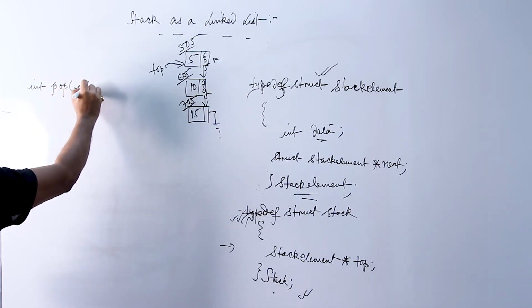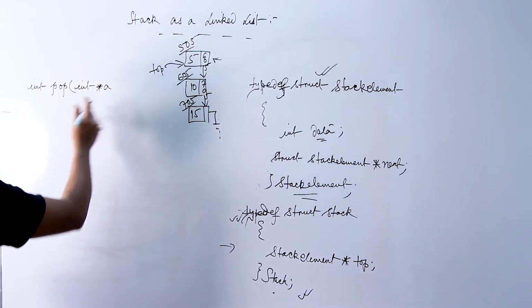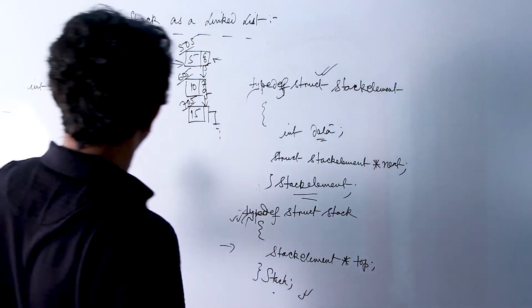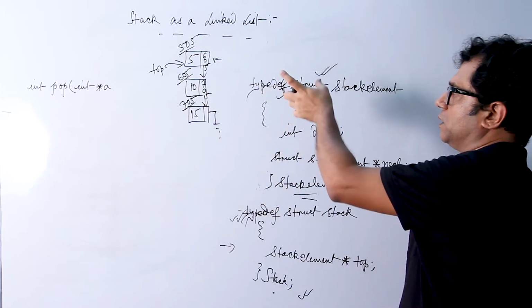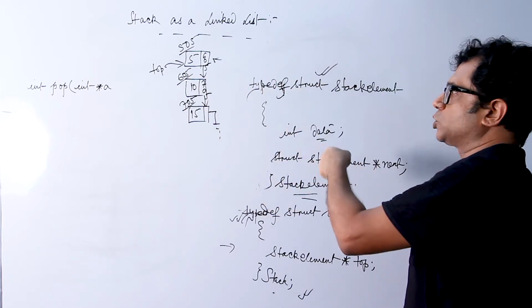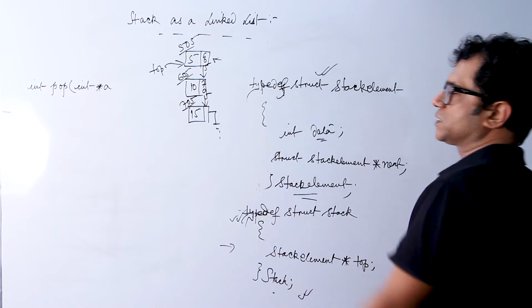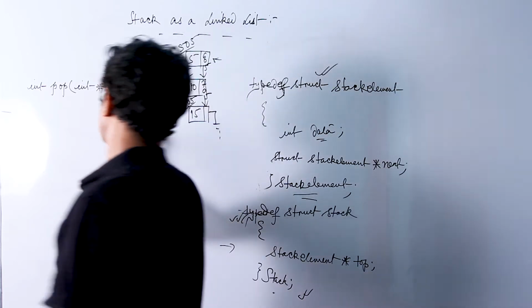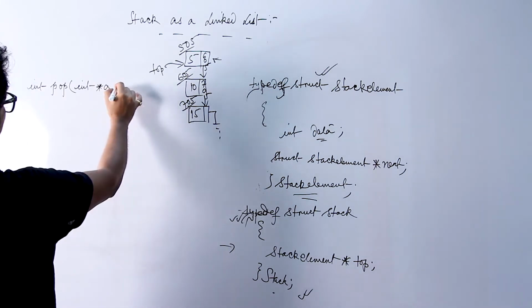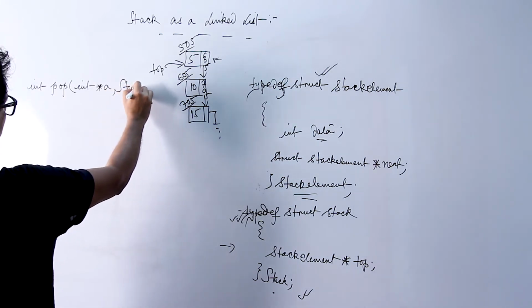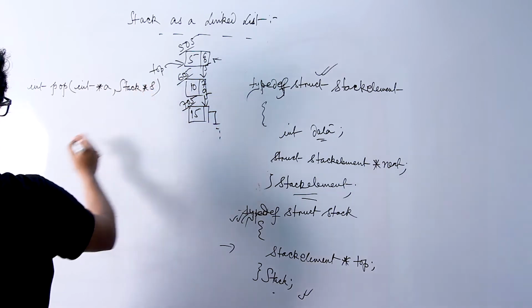We'll take int *a, that is, whatever is the value in the deleted or popped node from the stack is to be kept in that pointer variable int *a, and we have to take a stack pointer, stack *s.